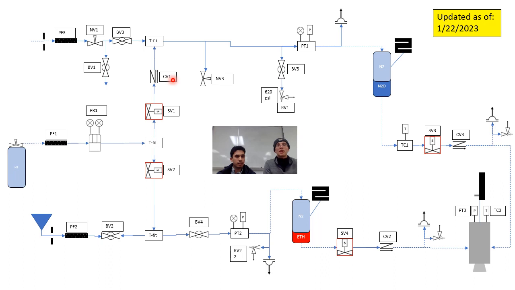It just prevents backflow. That's a safety measure so that if the nitrous oxide section begins to increase in pressure dramatically, it will not get pushed backwards into the ethanol system. That's a pretty critical safety component to have there. And the same goes for BB2 and BB4. We're going to open BB2 and BB4.